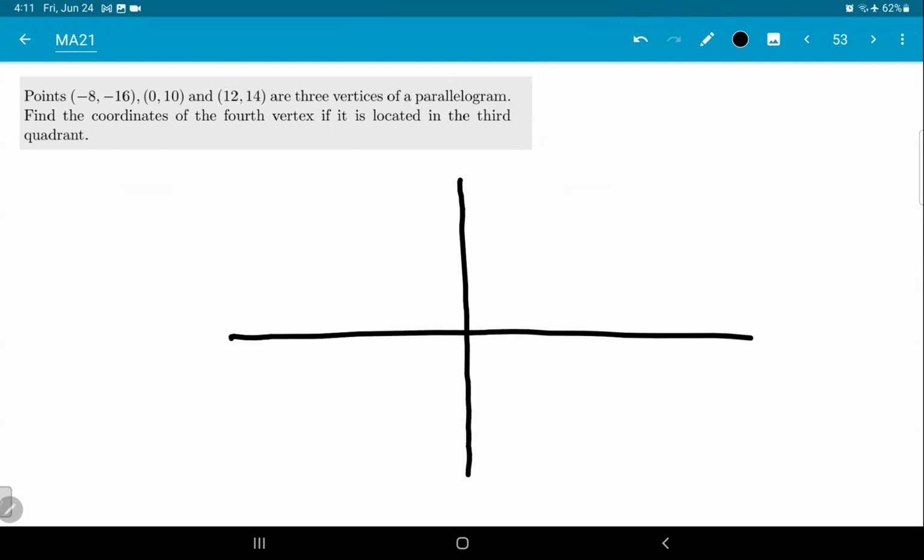Okay, here are the points, -8, -16. So 4, 8 natin. Then -4, -8, -12, -16. Here is 1 point. 0, 10, 4, 8, 12. So dito. And 12, 14. 4, 8, 12, 16.